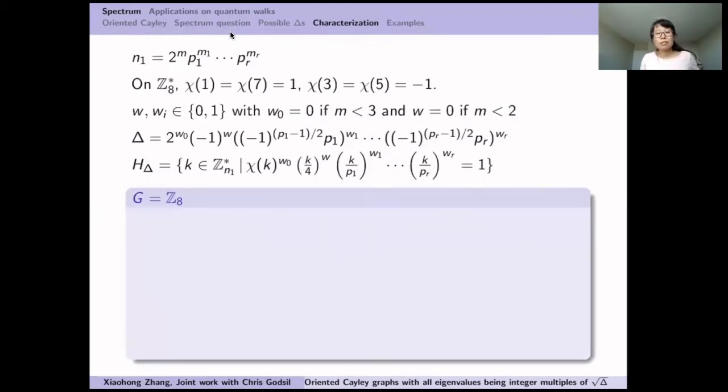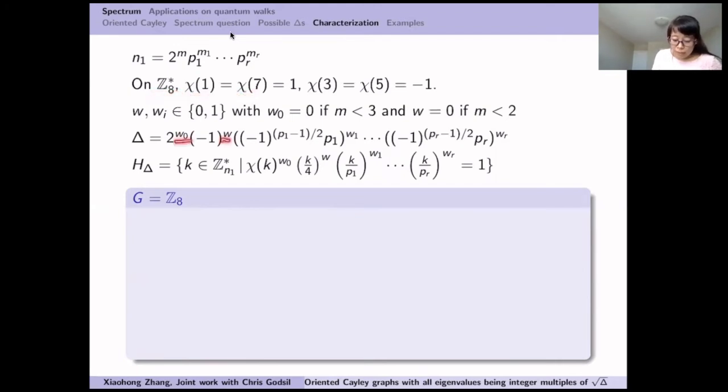Let's check an example to see how it works. So that's the information. We factor the exponent of the group. We need a character on this group to define it like this.